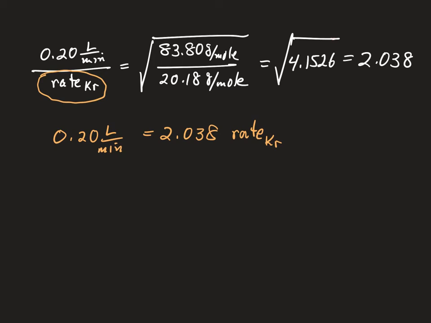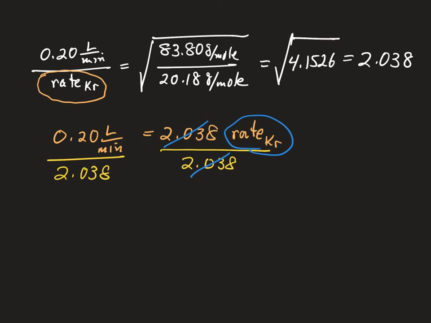If we divide both sides by 2.038, that eliminates that on that side, leaving only the rate at which krypton escapes.